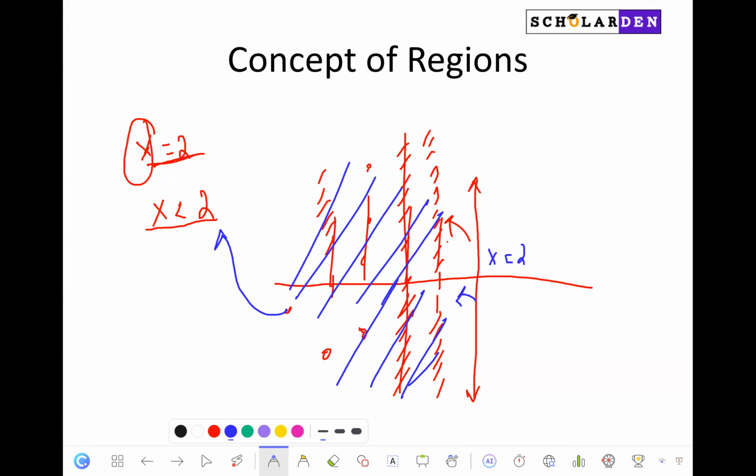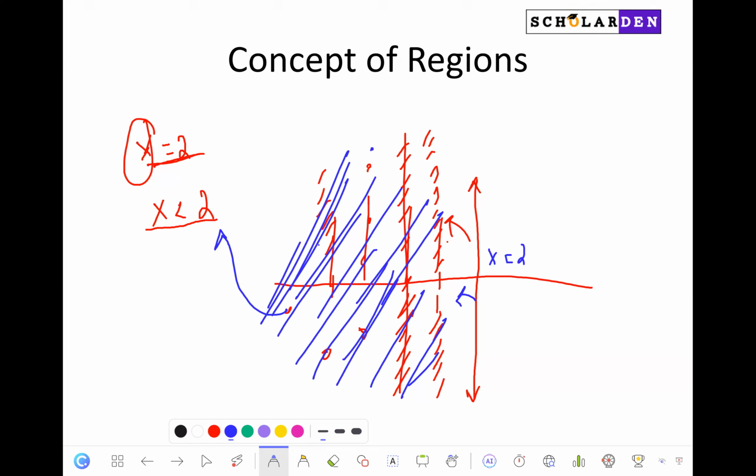I hope this is clear. Why we are talking about regions is that now this is an entire collection of points. We can no longer call it one line or one point. In fact, this is a collection of all these points, and when it becomes a collection of all these points, this becomes the entire region.